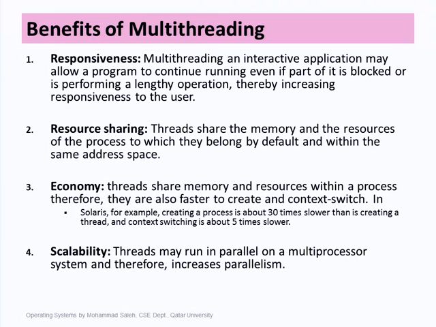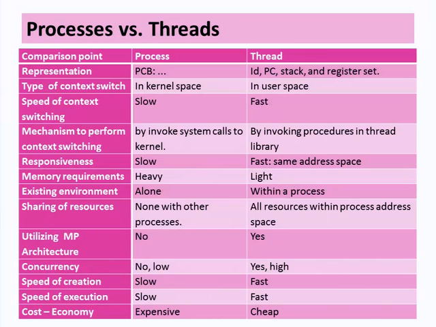One of the examples says that the creation of a process is about 30 times slower than the creation of a thread, because of the amount of information and the resources that we need to allocate to the process. As well, context switching is about 5 times slower than that of the thread. The thread is much faster.